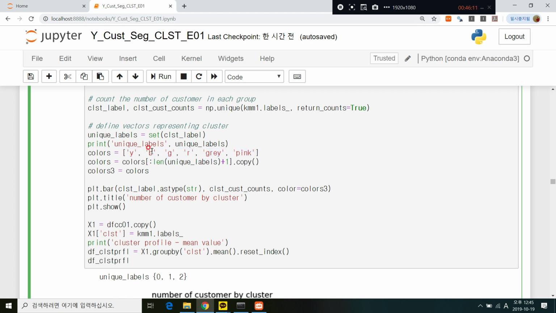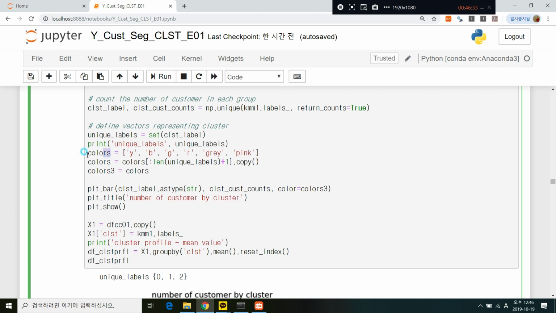Maybe we can make 5 clusters or 10 clusters, whatever. For visual inspection purposes, it's better for us to have some colors for each cluster.